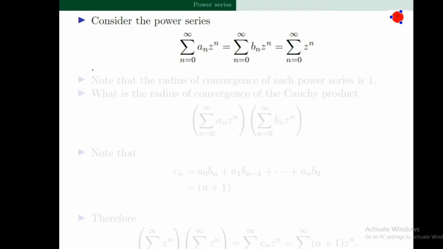Next, consider the power series sigma n equals 0 to infinity an z^n and sigma n equals 0 to infinity bn z^n, where both power series are equal to sigma n equals 0 to infinity z^n. That is the geometric power series.